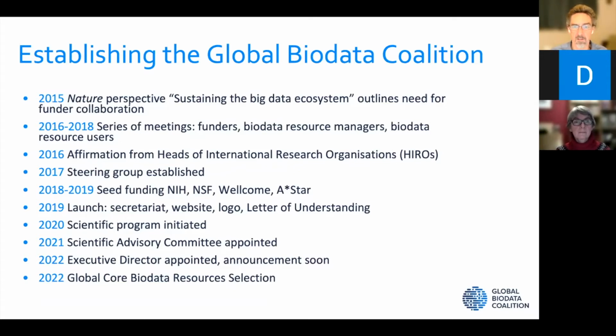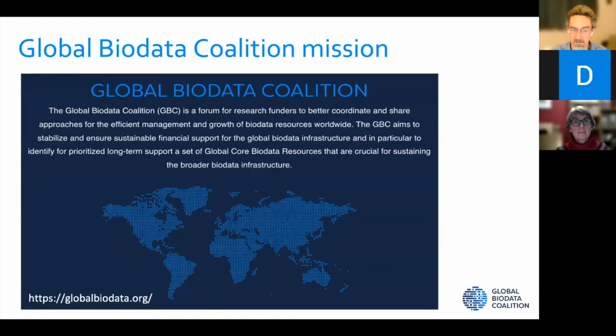In 2020, we initiated our scientific program, and this year we've started the Global Core Biodata Resources selection process, which you're describing here. This is the homepage of the GBC, and here's our stated aims, and I'll let you read these later. So can we go to the next slide?